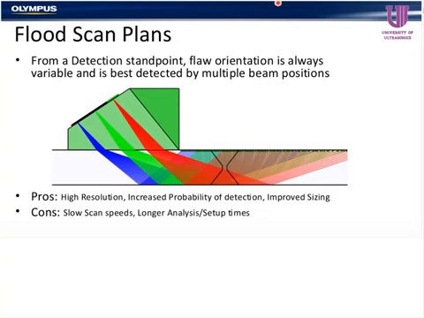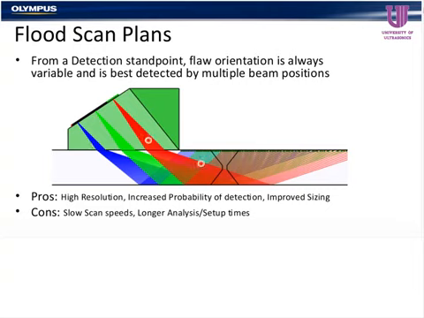So this particular scan plan, that's what they've done. They've taken a very large transducer, placed it a set distance back from this weld, and instead of going just for coverage, they went for coverage from as many different positions as they could. So you're looking at 3 separate sectorial scans here.